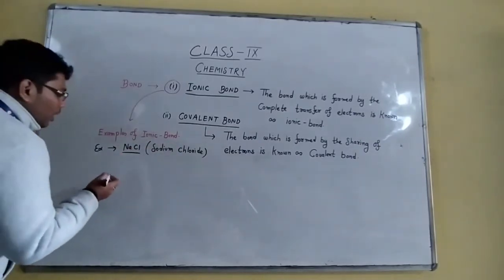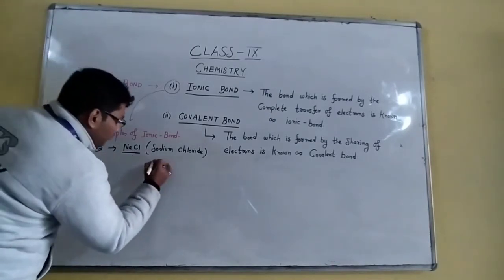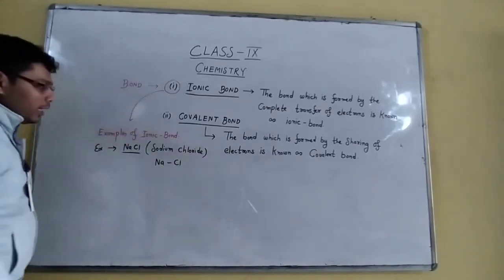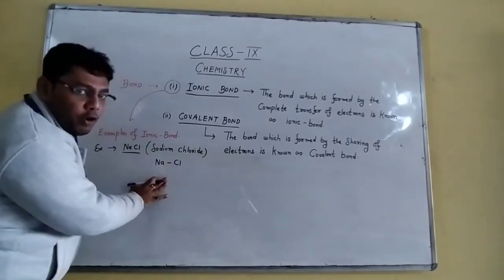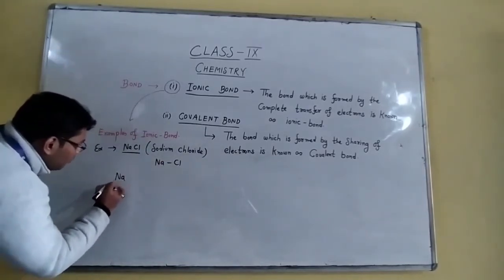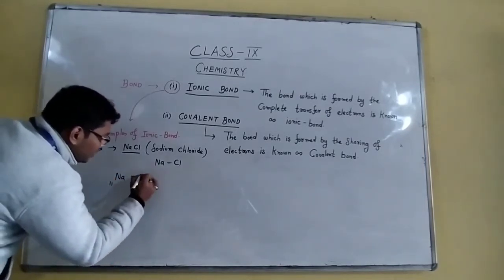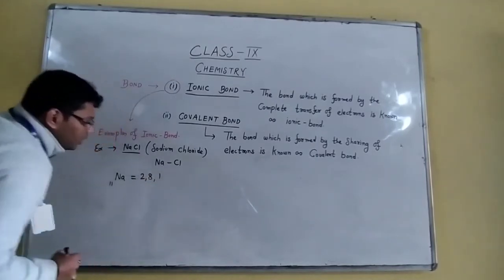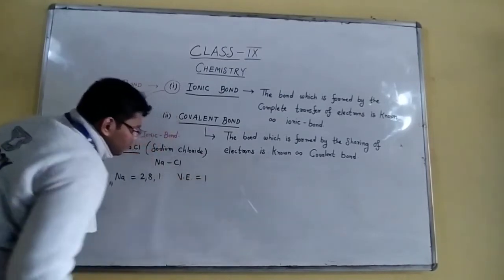So how is ionic bond formed between sodium and chlorine? This bond is ionic bond, but how is this ionic bond formed? At first we know the atomic number of sodium is 11 and its electronic configuration is 2, 8, 1, which means its valence electron is 1.